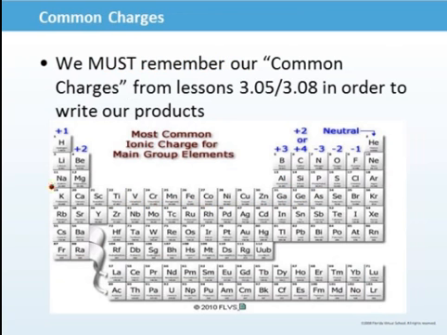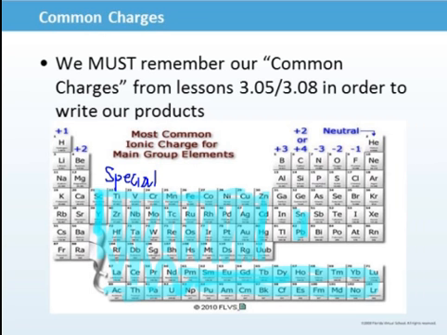Remember in 3.08 we saw this periodic table with the common charges, and we just find on here our element, and at the top it tells us what charge it is. Now remember, the elements in the middle of the periodic table, these transition elements, tin and lead, these are what we call the special metals, and they take on more than one charge.